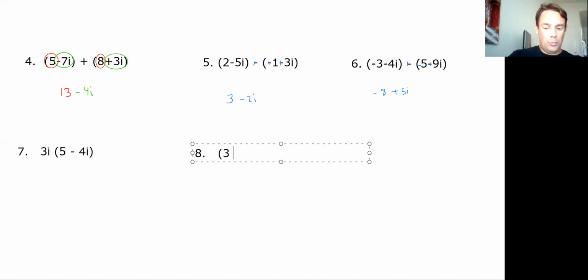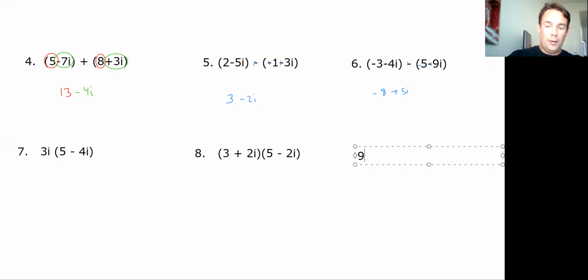Let's go 3 plus 2i times 5 minus 2i. 9. Let's try 4 plus 3i times 4 minus 3i.